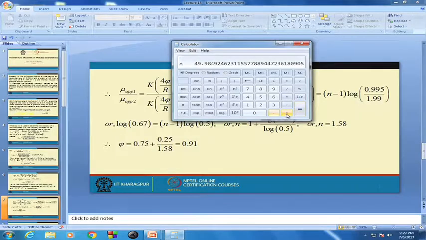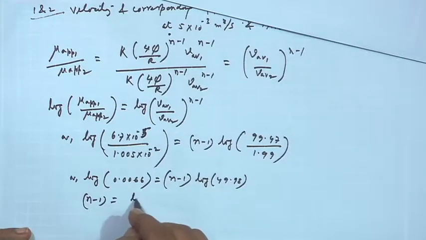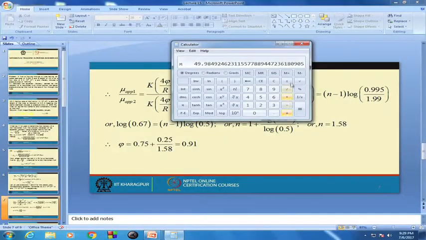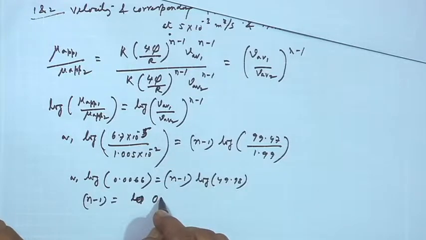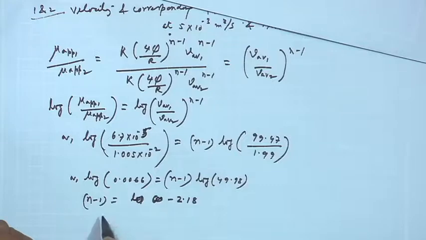So n minus 1 is equal to log of 0.0066 divided by log of 49.98, which is equal to minus 2.18, right, minus 2.18.